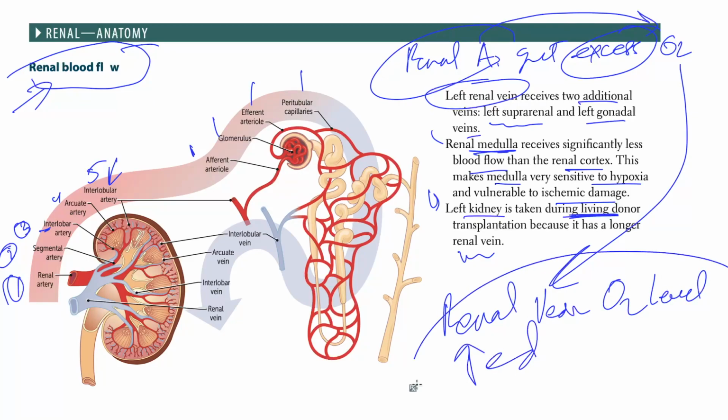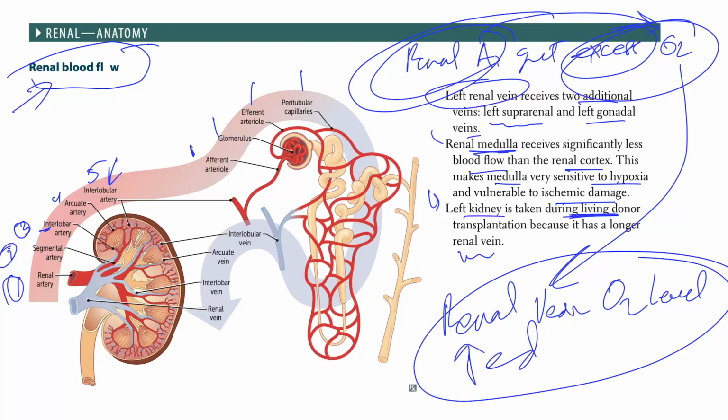And you're like, why? It is due to the fact that the renal artery itself has an excess amount of O2. So that goes towards the vein, and the vein has that. The renal vein has more O2 than any other vein.